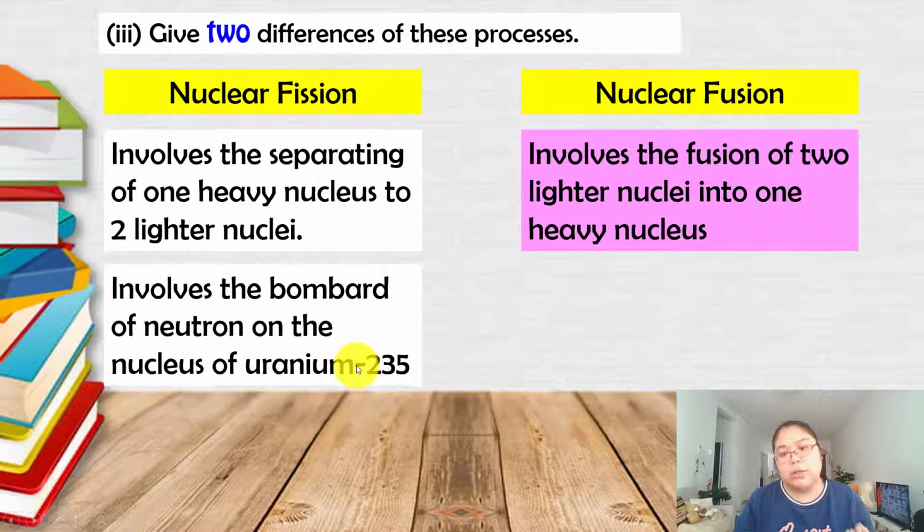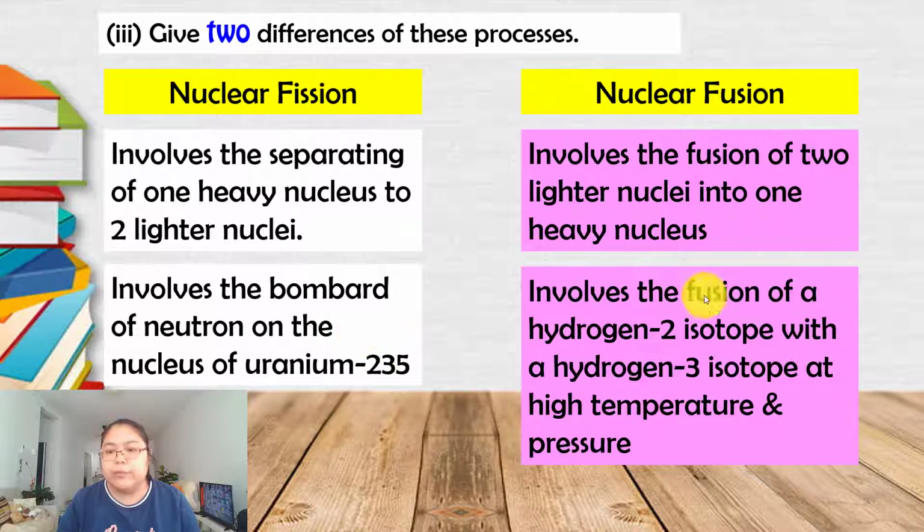That means one neutron goes to hit the uranium. Fusion involves the fusion of hydrogen-2 isotope and hydrogen-3 isotope at high temperature and pressure. So this one must have high temperature and high pressure to occur. But fission, no. For the fission, just the neutron bombarding the uranium, then that will happen.